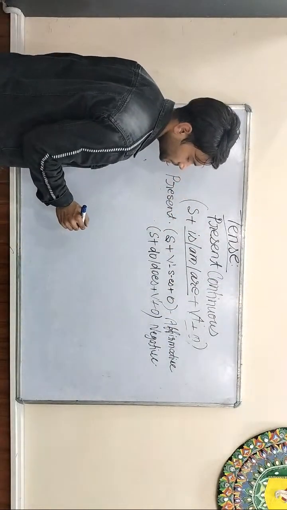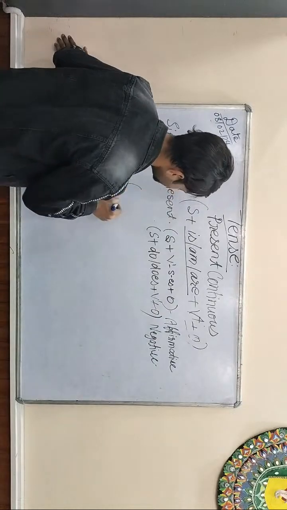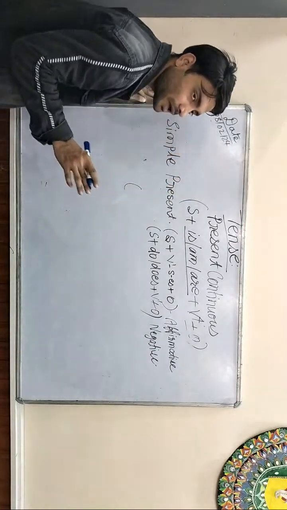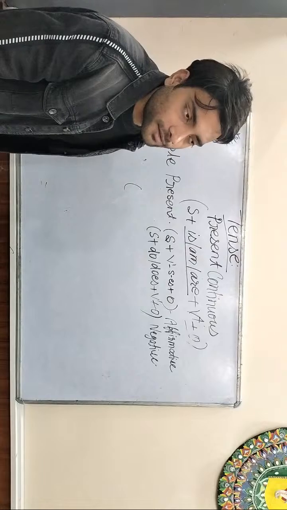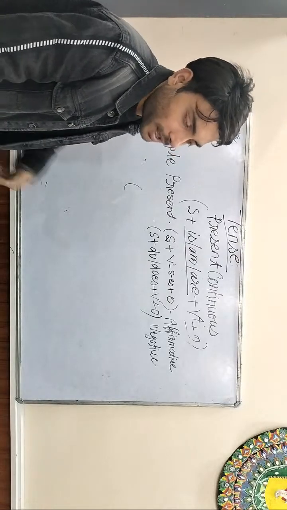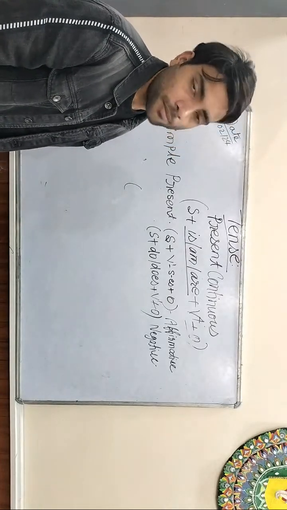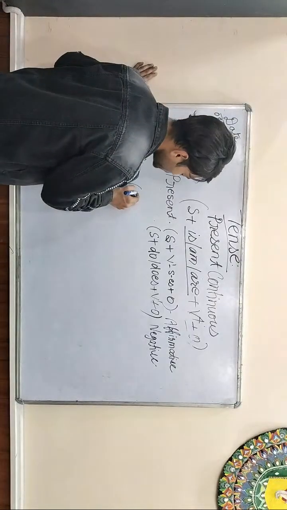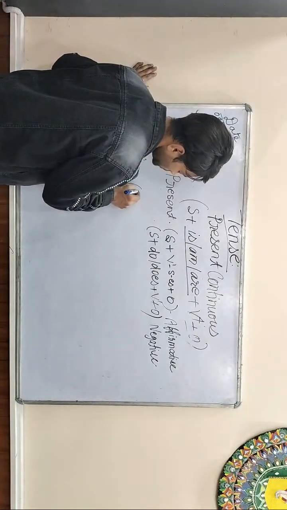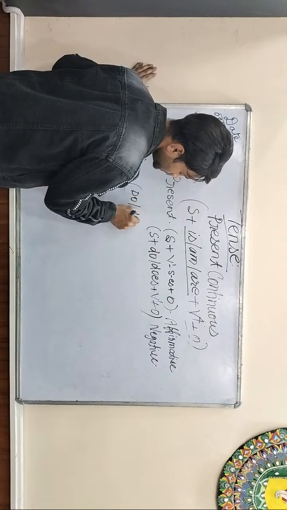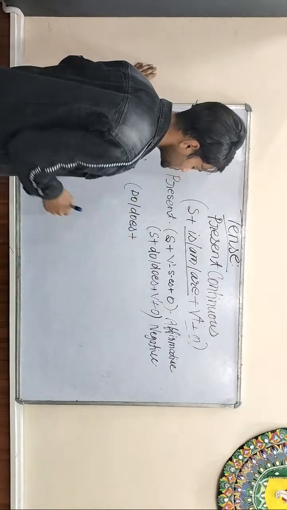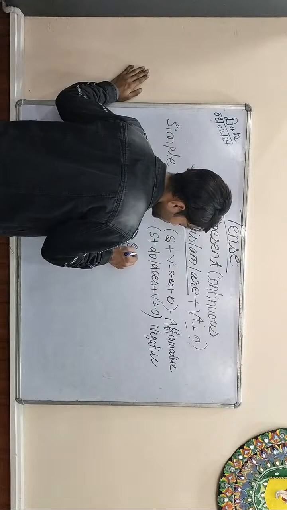And for interrogative, what is it? There are two types of interrogative. The first starts with that helping verb. The second one starts with the WH word. For helping verb interrogative, it's do, does, plus subject.